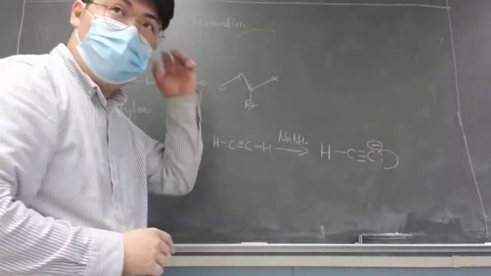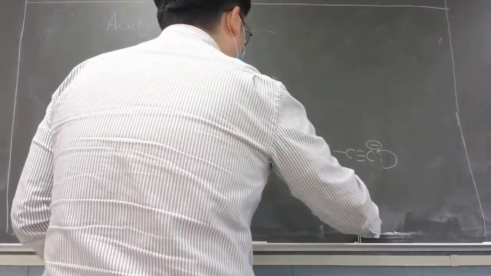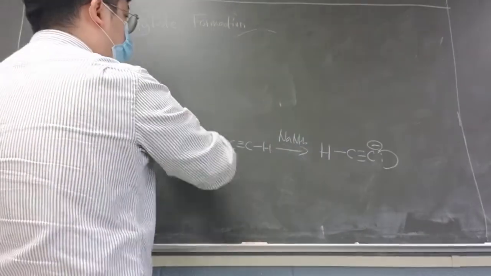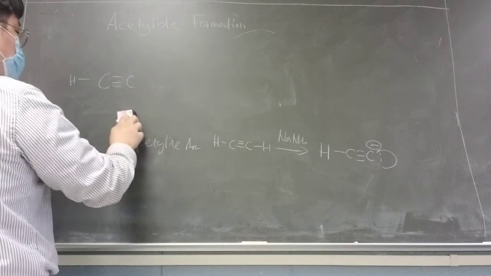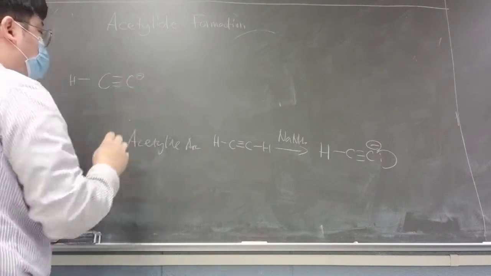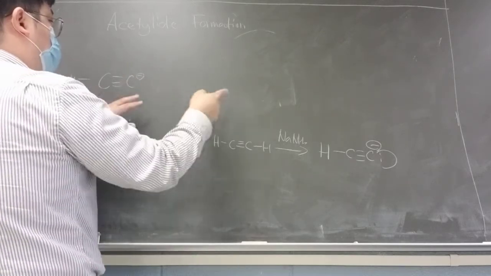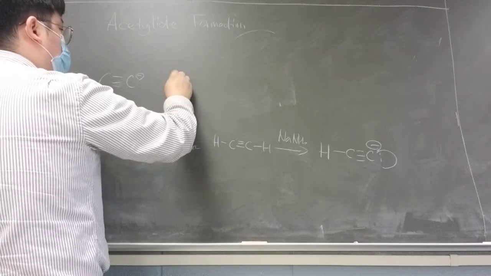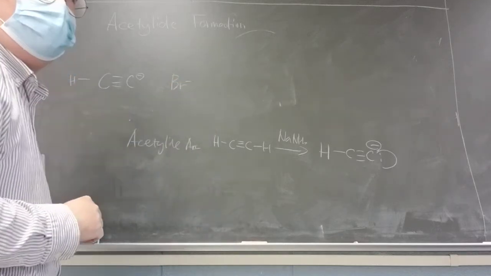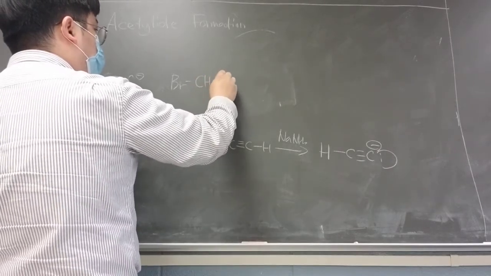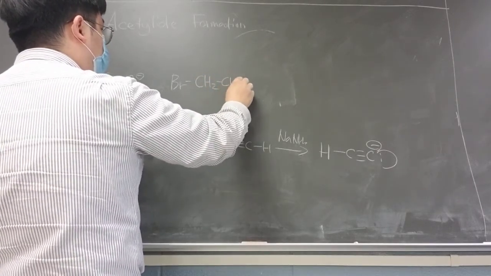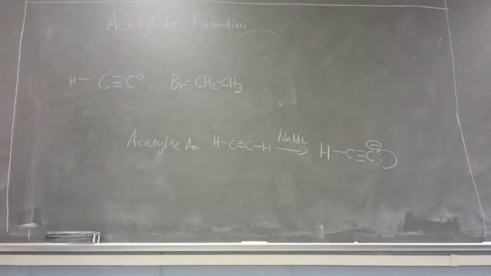So you get this one, and now we have the acetylide anion here. And then we need to add 2 more carbons, so maybe I can use some primary alkyl bromide, just like this one. Makes sense, right?